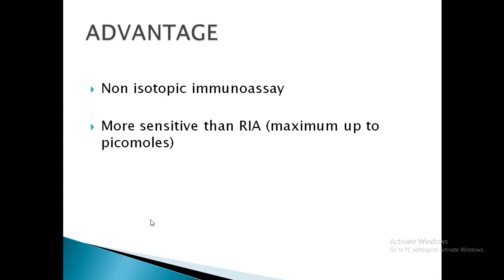Second, it is much more sensitive than radioimmunoassay. Maximum sensitivity can go up to picomoles. And the third one, since there is no involvement of radioisotopes, there is no risk of radiation hazard to those who are working with this technique.